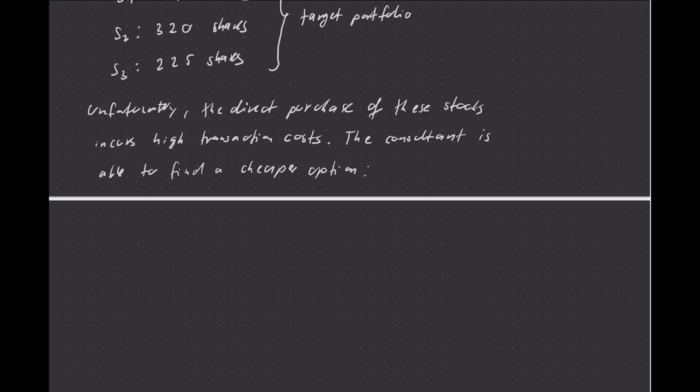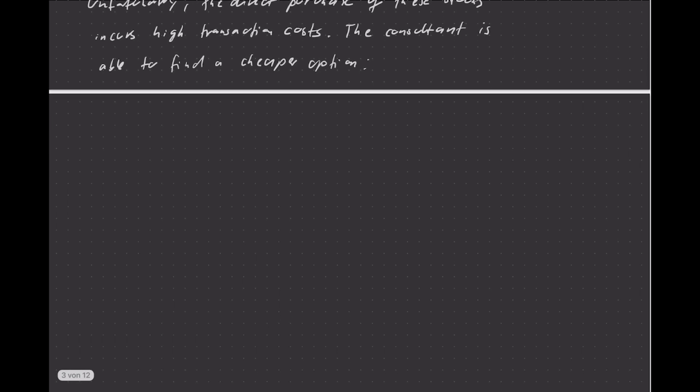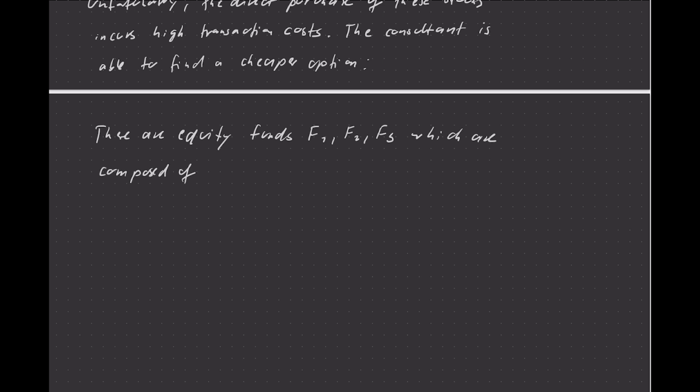And that's the following one. There are equity funds, let's call them F1, F2, F3, which are composed of these 3 stocks. And those equity funds can be acquired at a low overhead only. Okay?